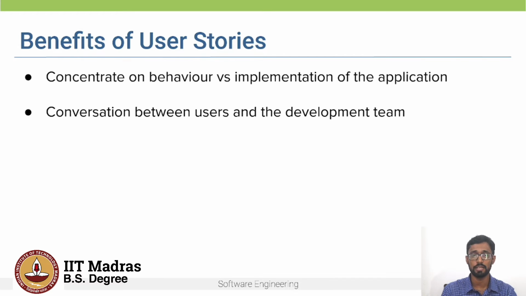Another benefit is that it facilitates conversations between the users and the development team. More than creating user stories, it is this conversation, this back and forth between the different perspectives of each participant, that will bring better, simpler, and more valuable solutions to users' problems.